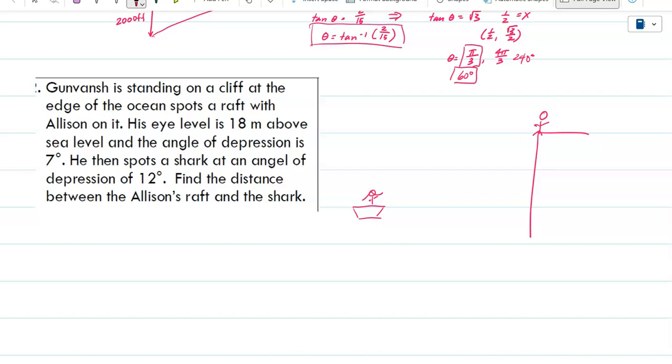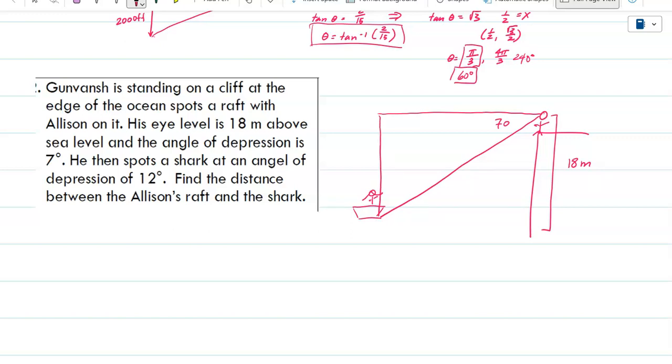His eye level is 18 meters above sea level, and the angle of depression, I'm going to draw it down to the sea, right here is 7 degrees.